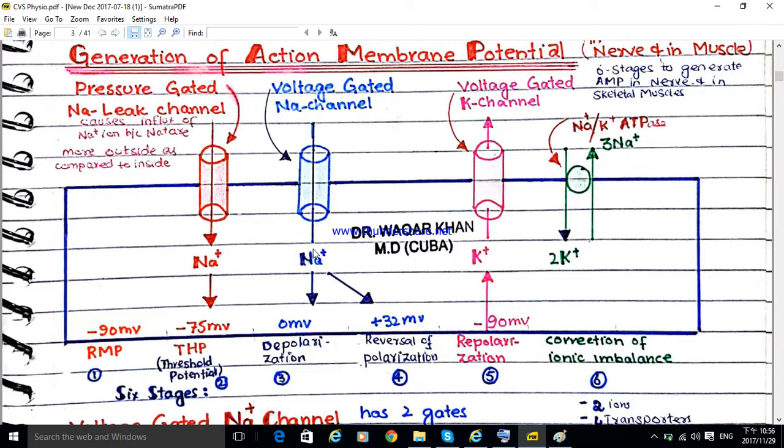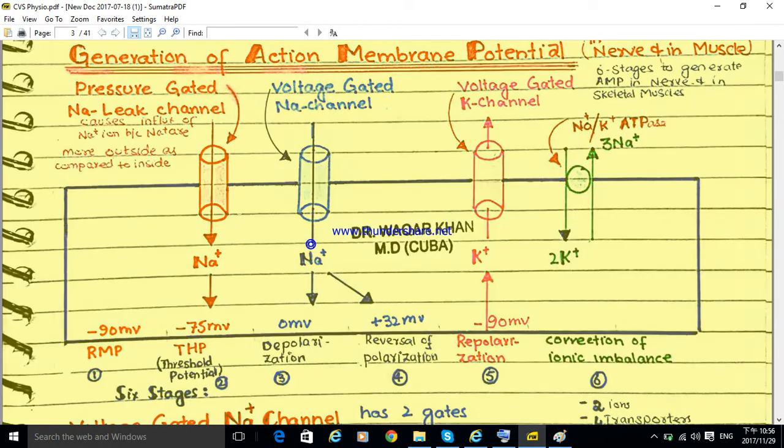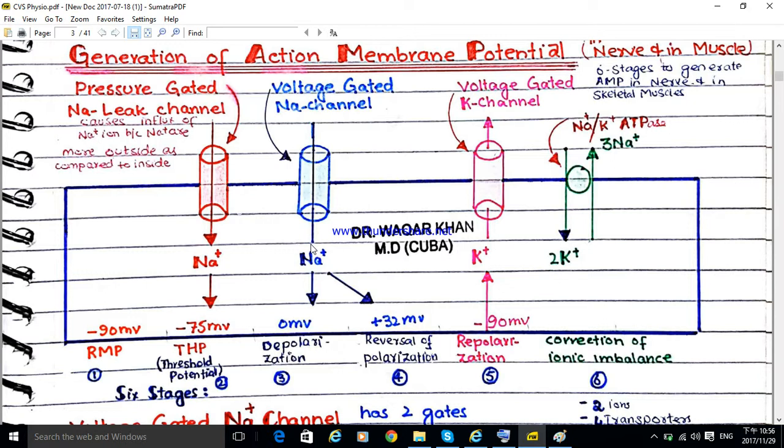But the sodium will not stop at 0 mV. It will keep coming inside until a charge of plus 32 mV is gained. This voltage gated channel will do a lot of influx of sodium. First there will be 0 mV, which is called depolarization, and then it will keep coming until it gains a charge of plus 32 mV, that is a positive charge.